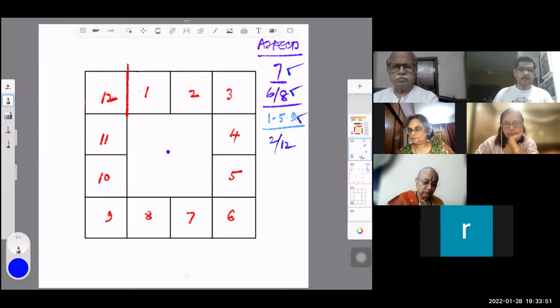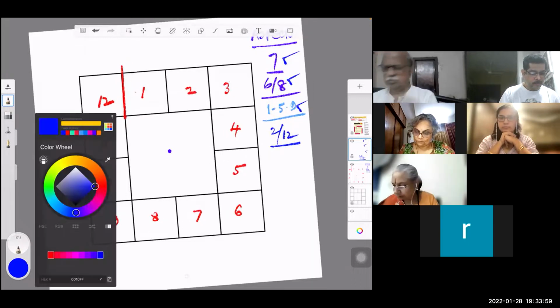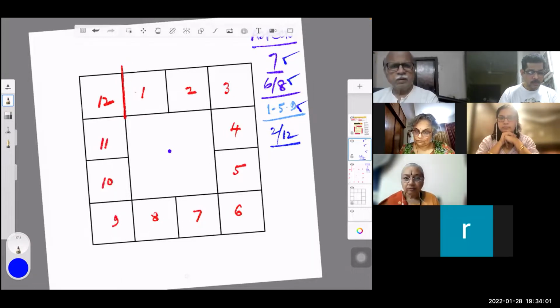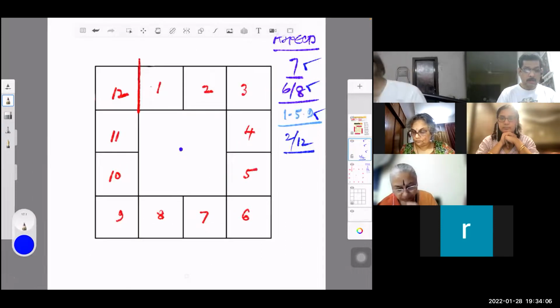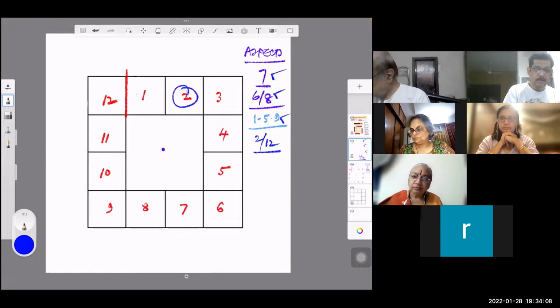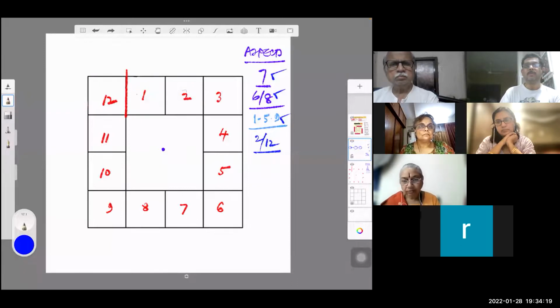The 212 aspect, frankly speaking, is required many times, especially in Brigunandinadi, because if any planet is there, the bhav before it is the history, the bhav ahead of it is the future, which will also happen in Jamakol. So you need to identify 212, but that is the simplest possible thing. Nothing can be simpler than that.